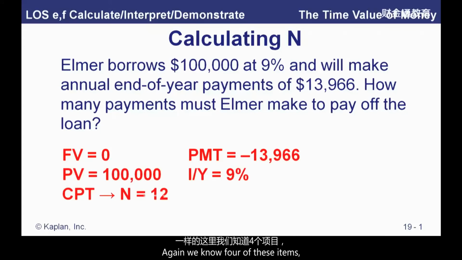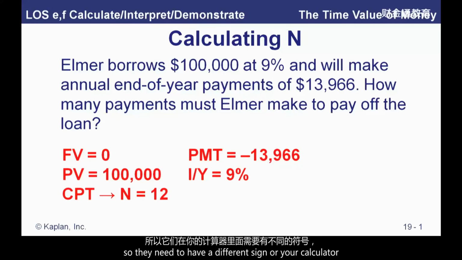Well, again, we know 4 of these items, but we don't know the 5th. We know the future value is 0. We know the payment amount. We know the present value. And we know the interest rate. Now, remember, he's going to borrow $100,000. So that's why the present value is positive. That's money to Elmer. Those payments, those are money from Elmer.